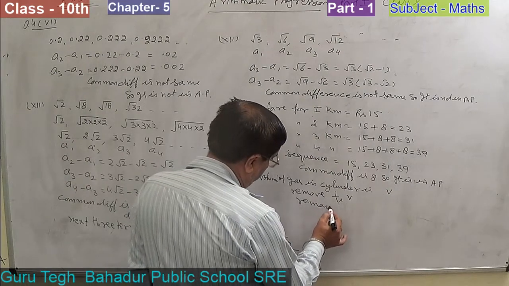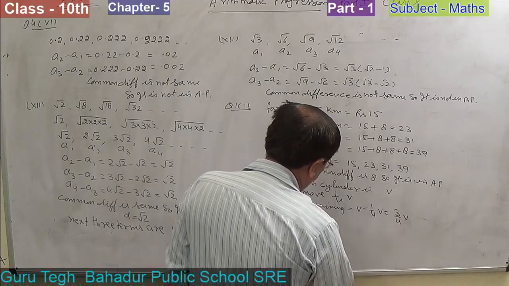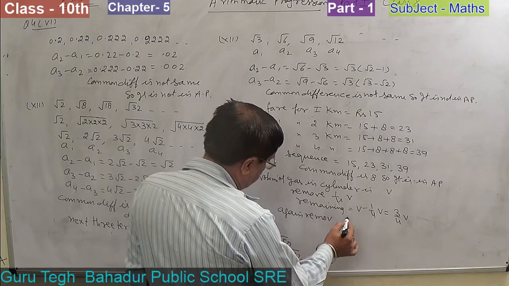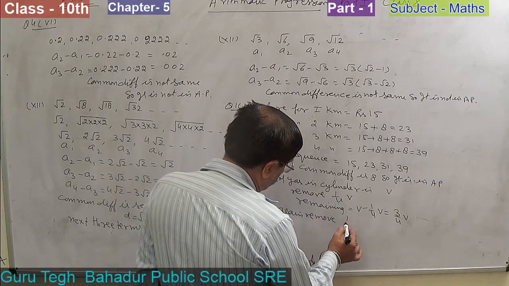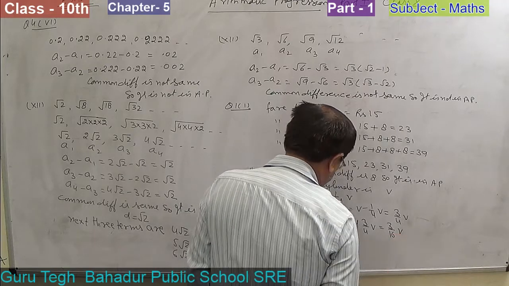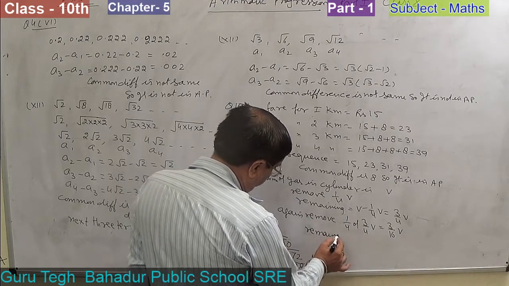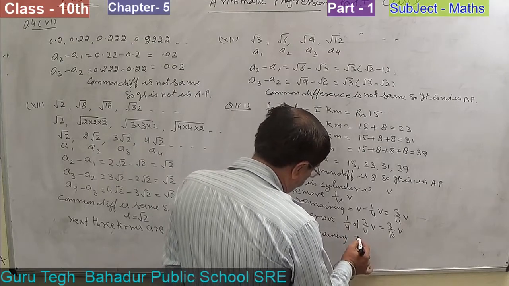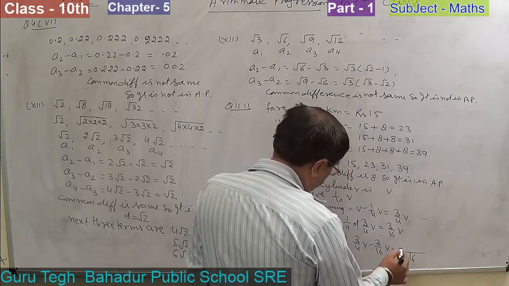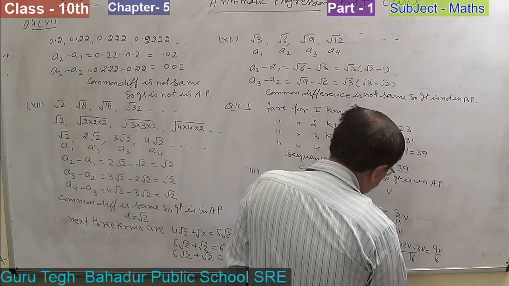Remaining V minus 1/4 V, that is 3/4 V. Again remove 1/4 of 3/4 V, that is 3/16 V. So the remaining is 3/4 V minus 3/16 V. 16 is the LCM. 12 V minus 3 V, 9 V upon 16.